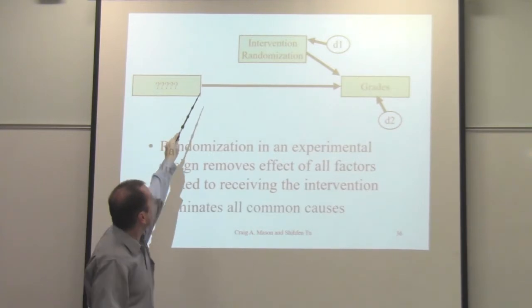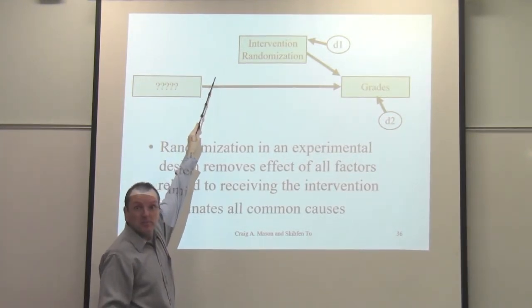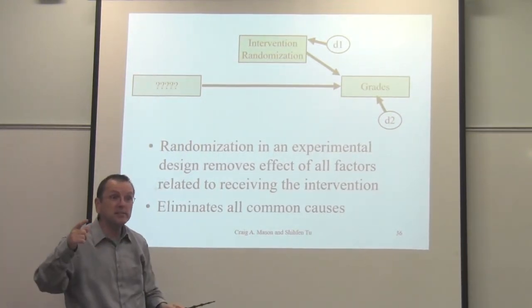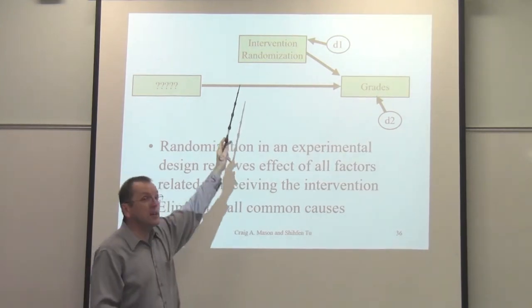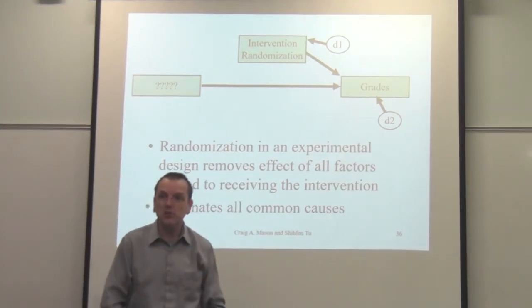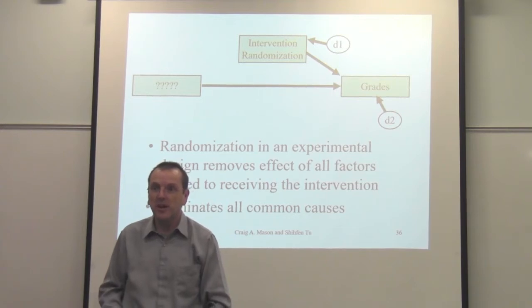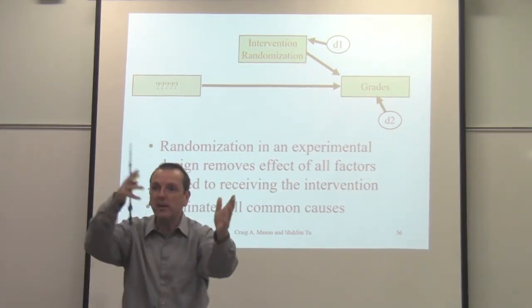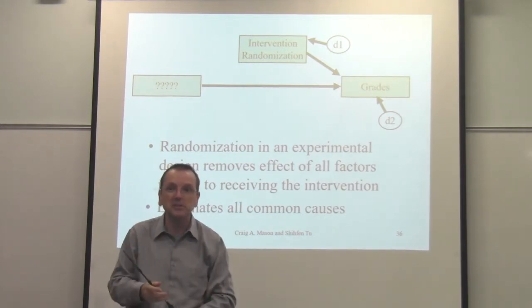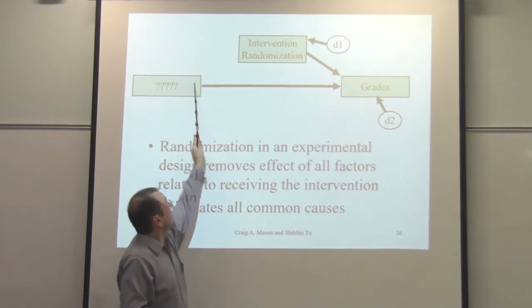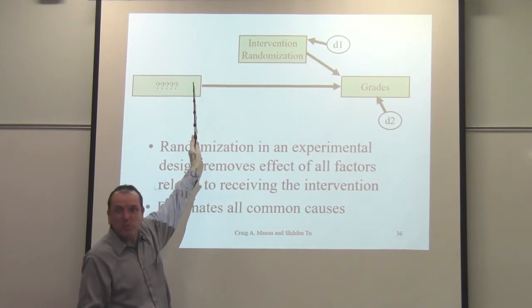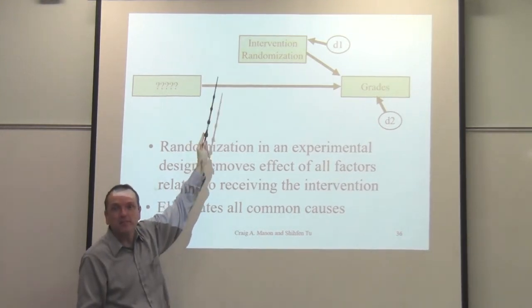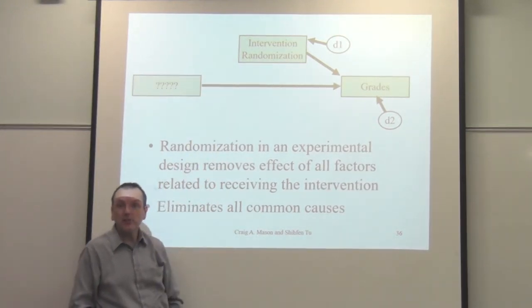Suddenly, that path disappears. Because by randomizing, who gets the intervention? Motivated teachers, unmotivated teachers, engaged parents, unengaged parents. It's all random. That magic of the random assignment removes the effect that all those possible factors have on who gets the intervention.